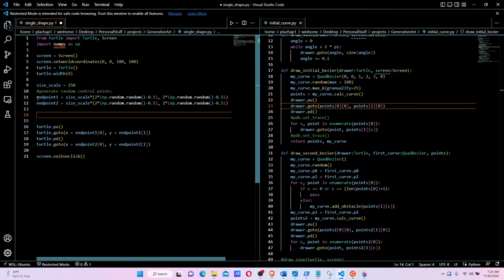Okay, so now I can try endpoint 1 is equal to 0, 0.